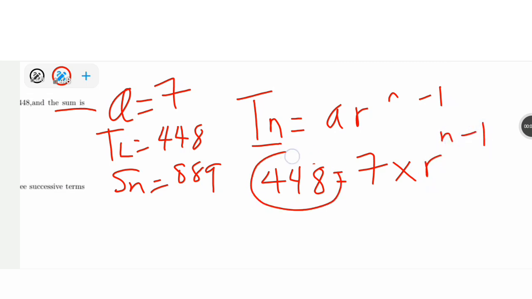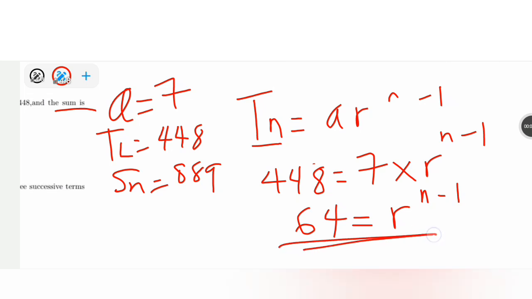So let's divide both sides by 7. If you divide 448 by 7, that will give you 64. So 64 will now be equal to r^(n-1). There's not too much you can do here, just leave it like that.